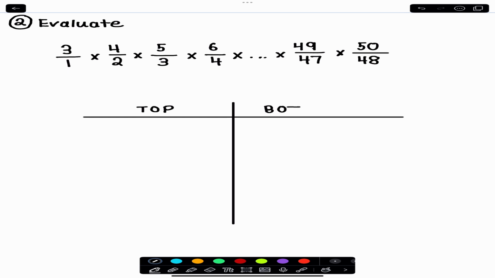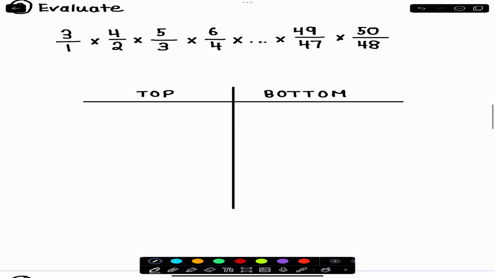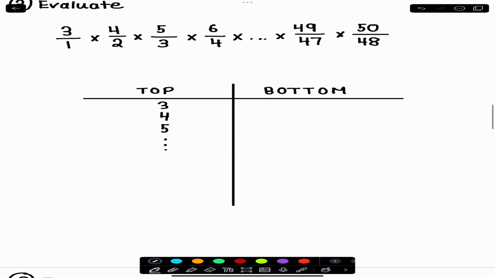And then this is the bottom numbers, also known as the denominators. So on the top, what do we have? We have the numbers 3, 4, 5, 6, 7, 8, so on, until 49 and 50.